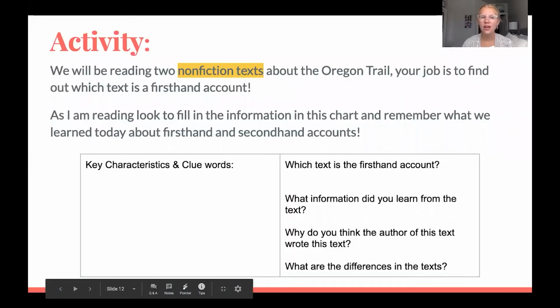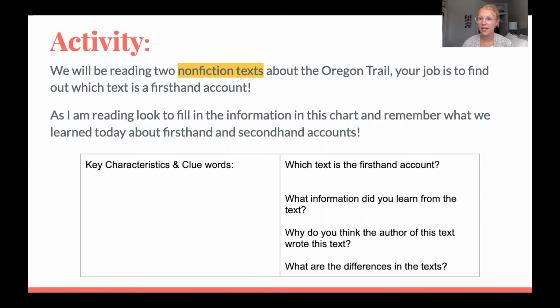Okay, so at this point, you guys should all have your piece of paper and pencil in front of you. And like I said, we will be reading two non-fictional texts. The texts are about the Oregon Trail, and your job is to find out which text is a first-hand account. As I am reading, look to fill in the information in this chart and remember what we learned today about first-hand and second-hand accounts.